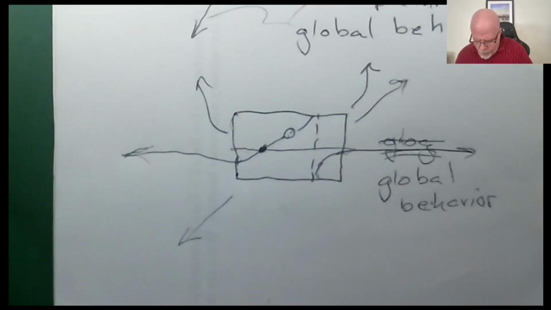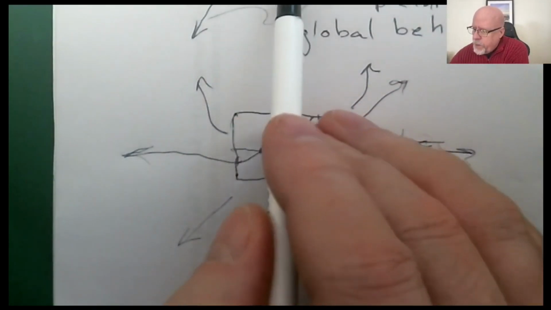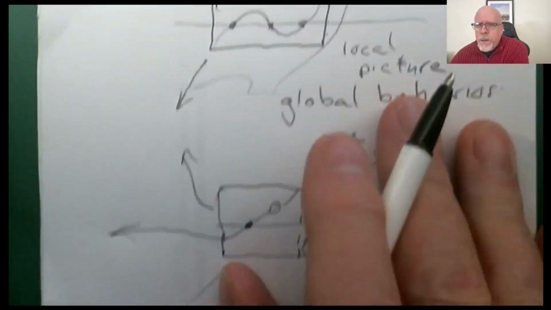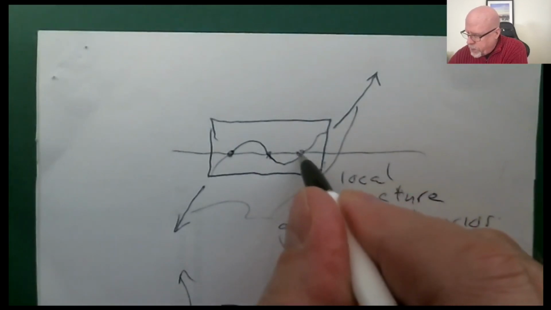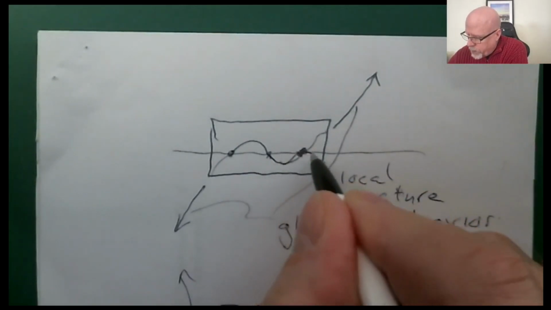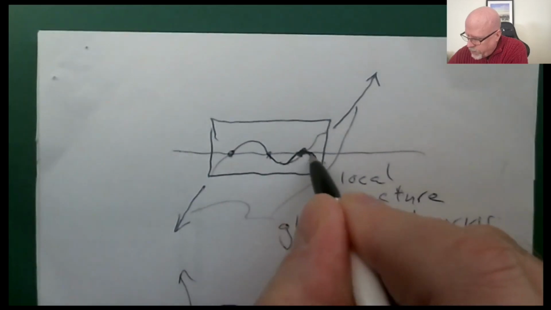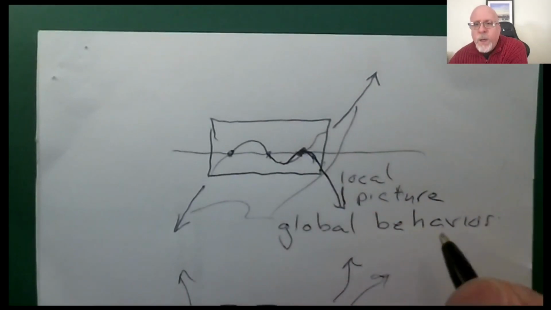Oh yeah, there's one point I should have made. These locations, the zeros for a polynomial, they didn't have to have a sign change there. For instance, it'd be possible that this is a so-called double root, and the polynomial would hit that and bounce off, in which case its global picture would go downward from there.